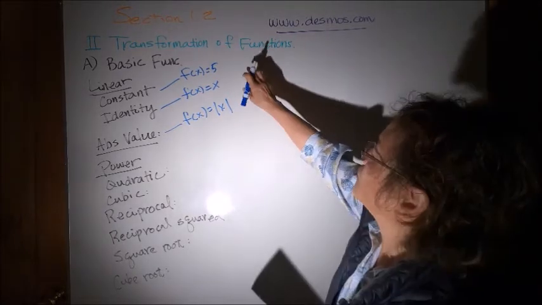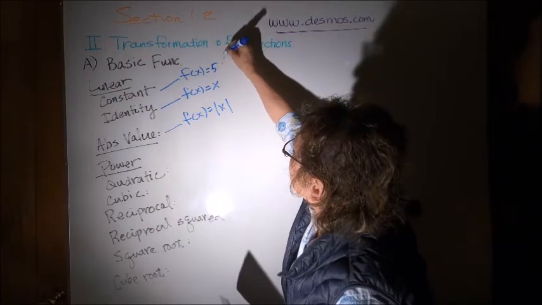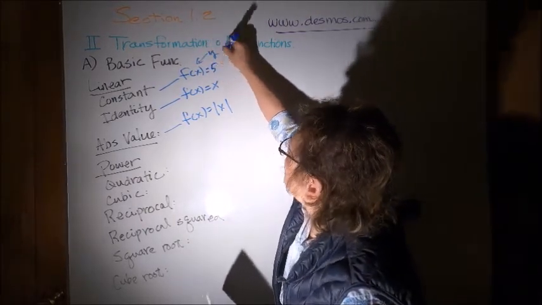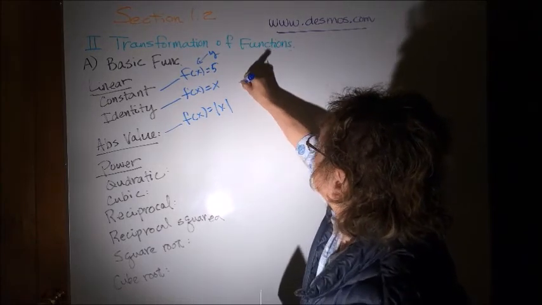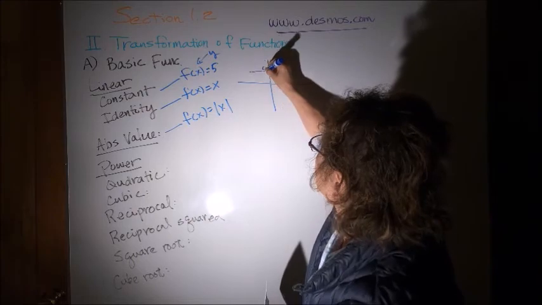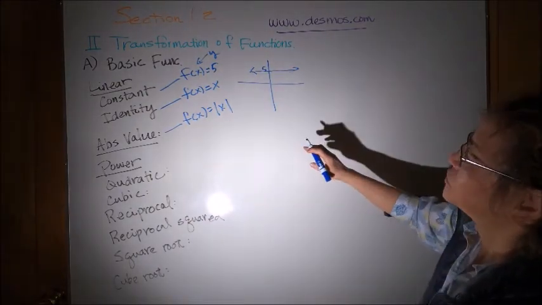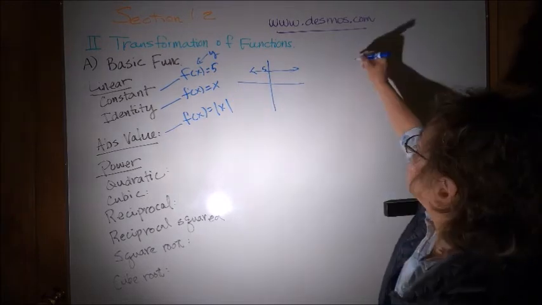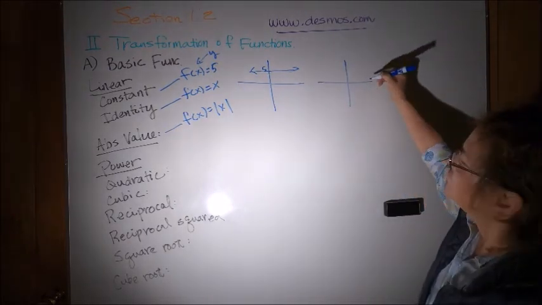You can use a t-table, and f of x actually is your y, right? So if you do the t-table, you get 5 for any x. So a constant function will look like that. Then f of x equals x, so 1 to 1, 2 to 2.